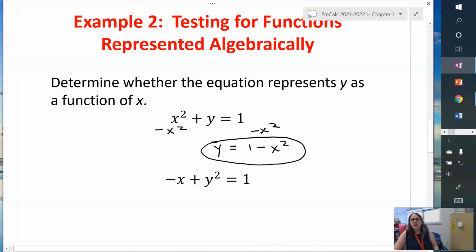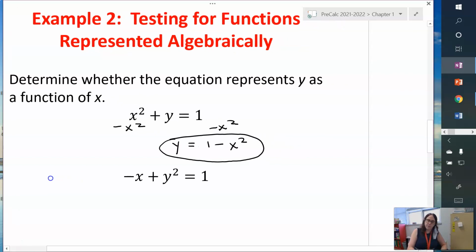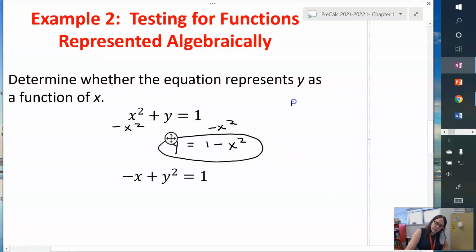Now I have to decide, is this a function of x? So for x to have one and only one unique output, there's two things you have to look out for. The first thing is you cannot take a square root of a negative number. So now, in fact, I want to rephrase that.